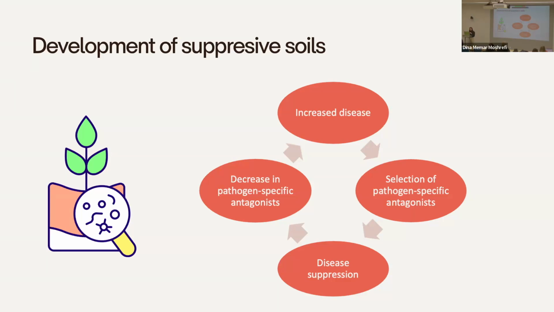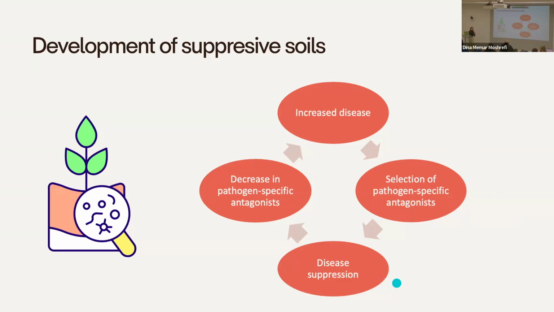So the way suppressive soils usually are developed is that you have an initial increase in disease. That increase in disease leads to the selection of pathogen-specific antagonists within that community. And as those pathogen-specific antagonists increase in number, they lead to disease suppression.